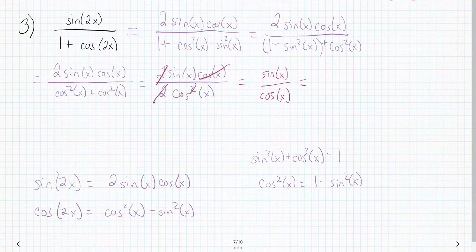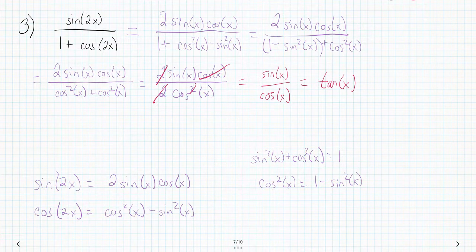And hopefully you can recognize what trig function that is. A much simpler format to write that is just tangent of x. So all of this work, we've gotten down to this whole thing is just tangent of x as our solution. We got one trig function, so that's exactly what we're gunning for. And so notice each time we were getting it down to kind of one main trig function and we were good to go.